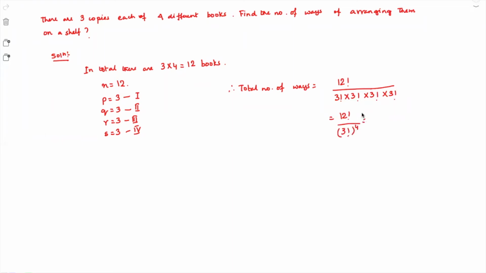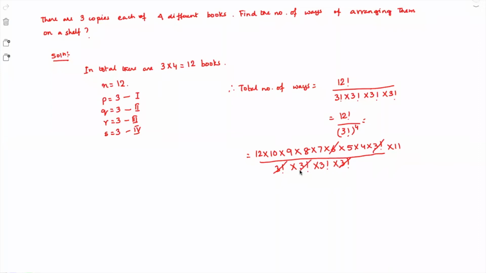Now, if we evaluate this, 12 into 11 into 10 into 9 into 8 into 7 into 6 into 5 into 4 into 3 factorial. Oh, I missed out 11. Over 3 factorial into 3 factorial into 3 factorial. So 3 factorial and 3 factorial cancels out. 3 factorial by itself means 6. So this and this also cancels out.